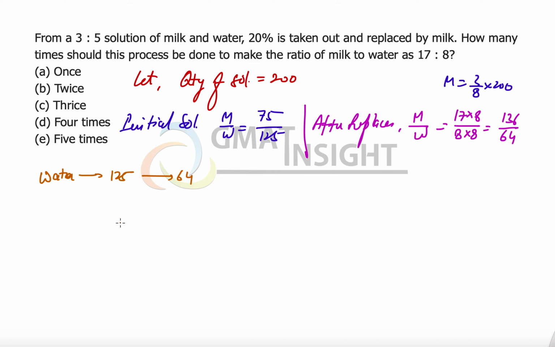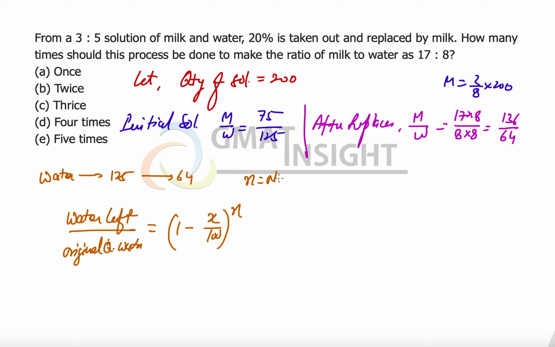Now from our concept videos, we can see that there is one property, that the water left in the solution divided by the original quantity of water is given by (1 minus x over 100) raised to the power n, where n is the number of replacements and x is the quantity being replaced, right?